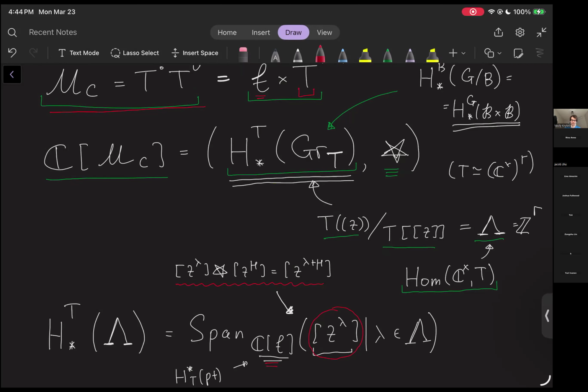So the Borel-Moore homology is an algebra over the coordinate algebra of the Lie algebra of the torus in this case, right? It's always an algebra over the equivariant cohomology of a point, and that's what I'm using. You can always do this pairing.